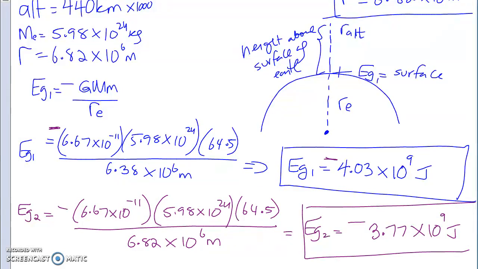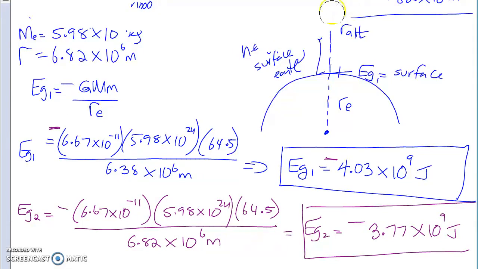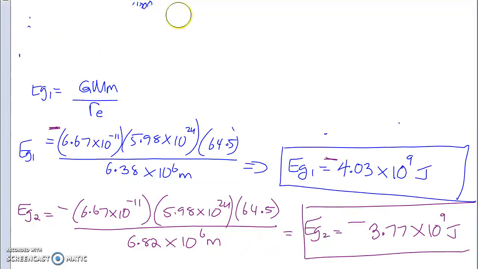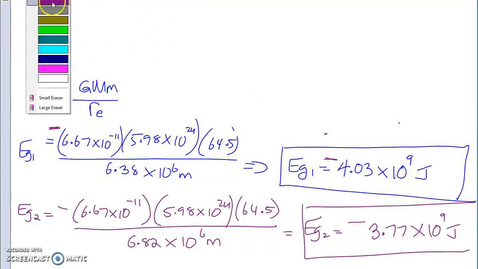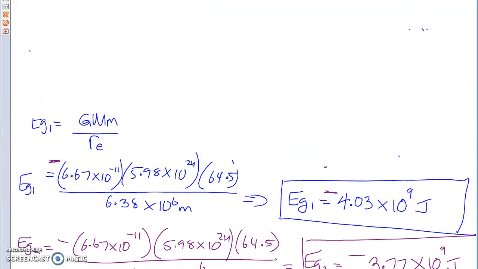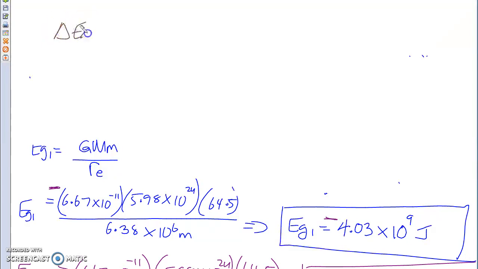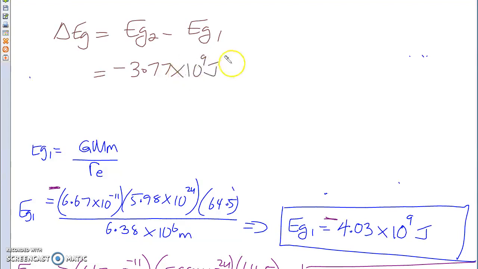We're not done the question yet. We were asking what is the energy required to put this astronaut into space, so now what I need to do is subtract the two. For those of you who asked why one was a positive answer and one was negative, here is my change in energy, which is EG2 minus EG1: negative 3.77 times 10 to the 9 joules minus negative 4.03 times 10 to the 9 joules.